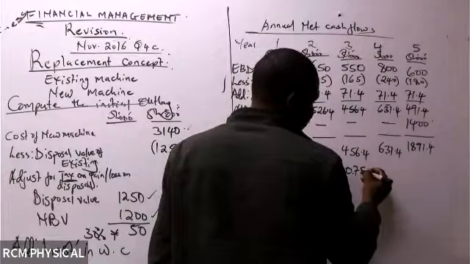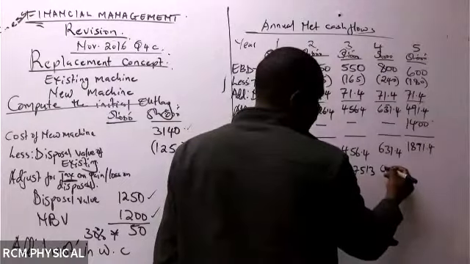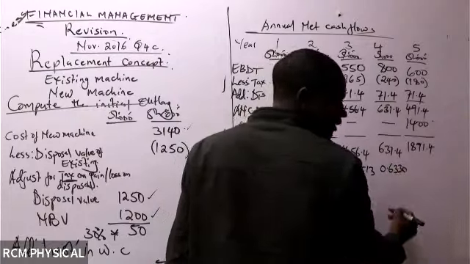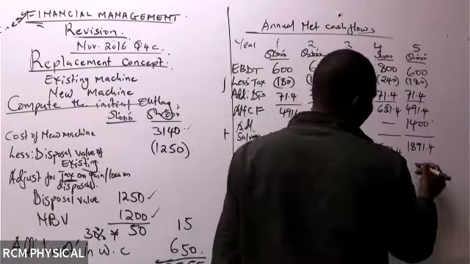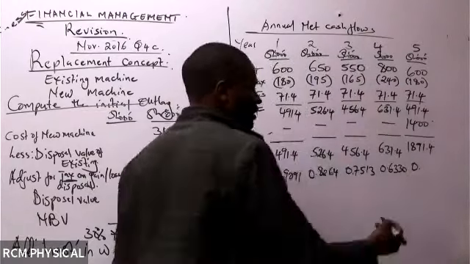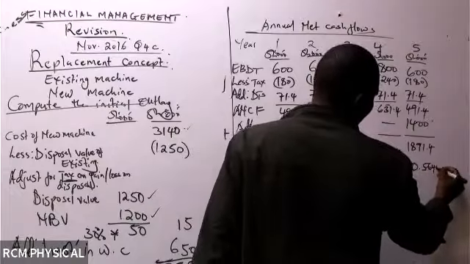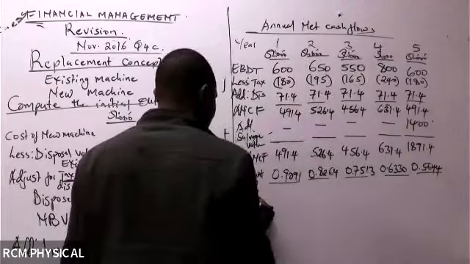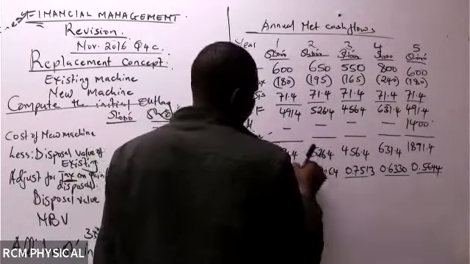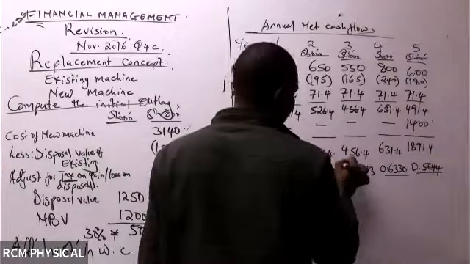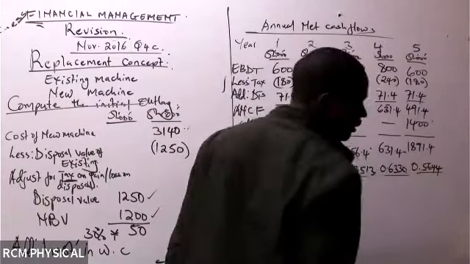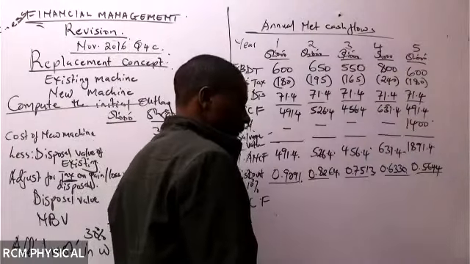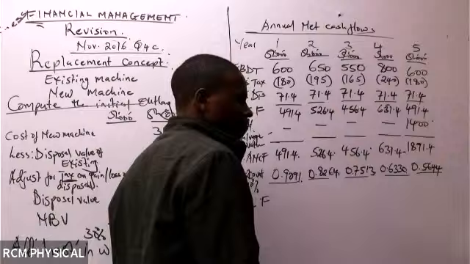Then we get the total of the discounted cash flow. Discounted cash flow for year one, you got it.